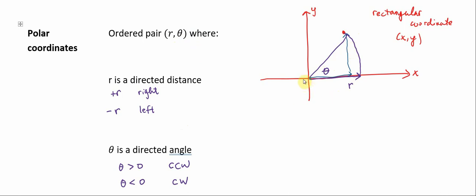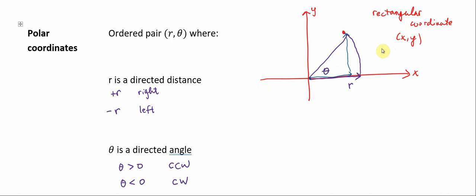Or we could also go in the left direction and rotate this way. So what you see here is that polar coordinates are not unique. There is more than one way to identify a particular point using polar coordinates, while there is only one way to describe something using rectangular coordinates.